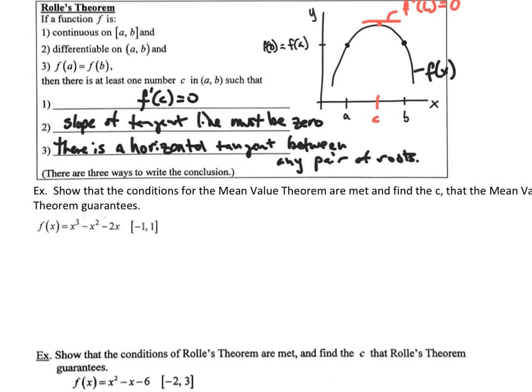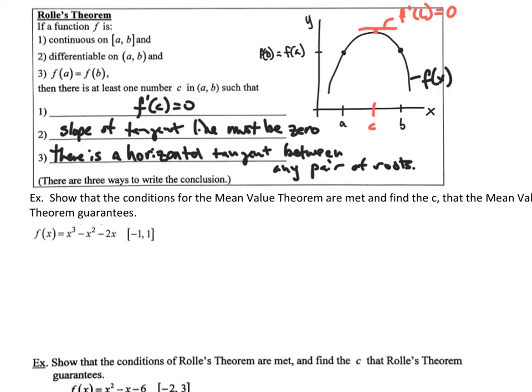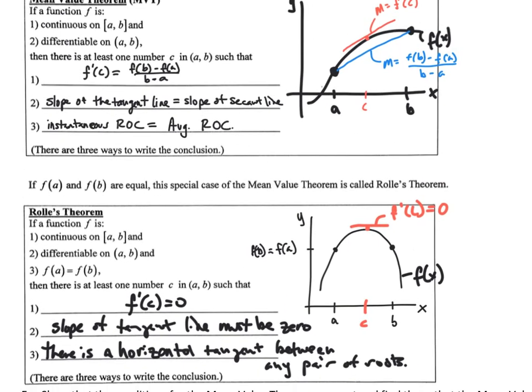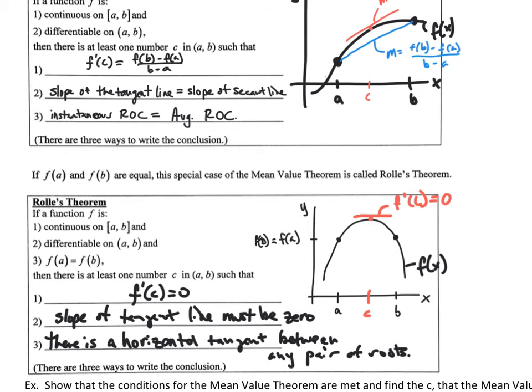And so the first example says, show that the conditions for the mean value theorem are met and find the c that the mean value theorem guarantees for this function. So what I want to do is talk about how we can show the conditions are met. The question is, are we continuous on the interval from -1 to 1?